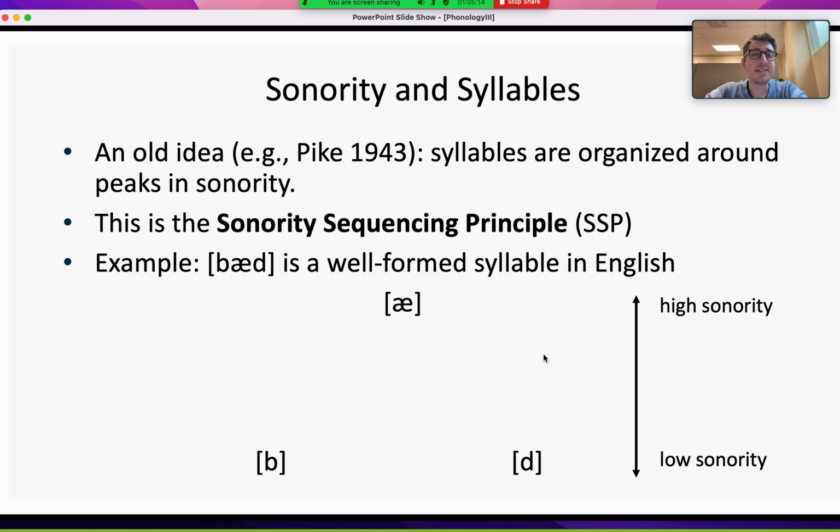So this is an old idea that syllables are organized around peaks in sonority, which we call the sonority sequencing principle. For example, bad is a very well-formed syllable in English. It has b, which is a stop, a low sonority, and it goes up, high sonority, reaches the peak, and then goes down, as if you have some kind of curve that's very regular.